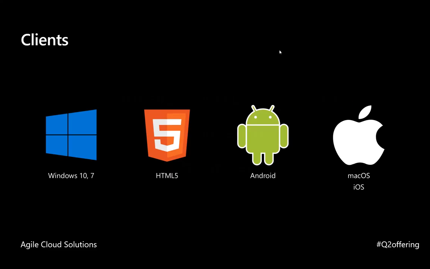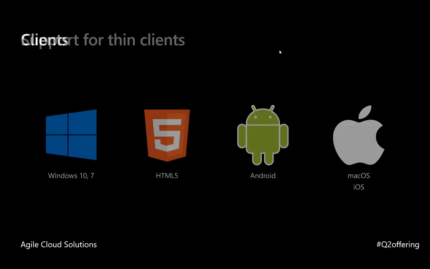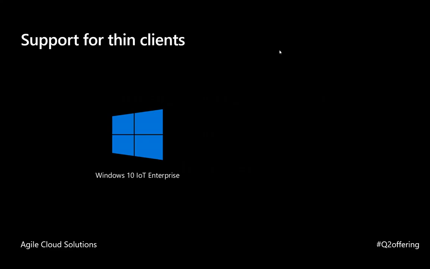You can access it on your client operating systems. You can access it on HTML5. You can access it on Android, macOS, and iOS. You can also access it over thin clients, that is Windows 10 IoT Enterprise and Linux or Ubuntu that is deployed on thin clients. Now the question is, what is the kind of improvisation that I'm talking about?